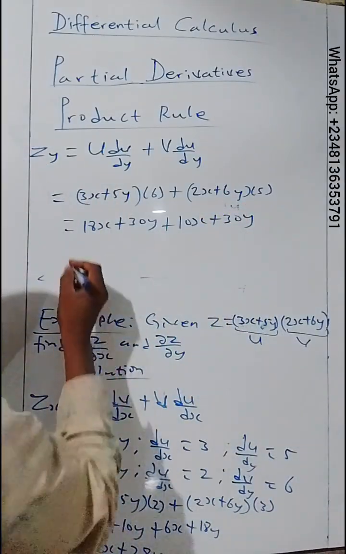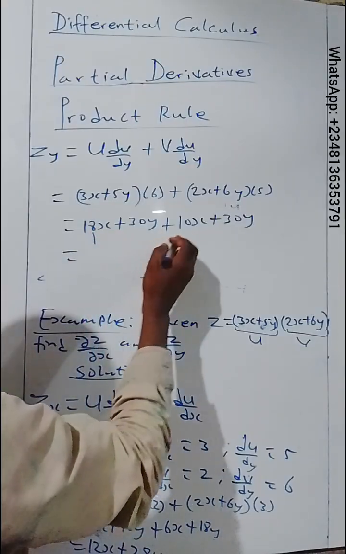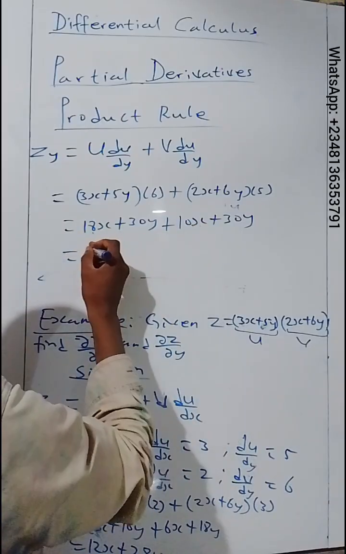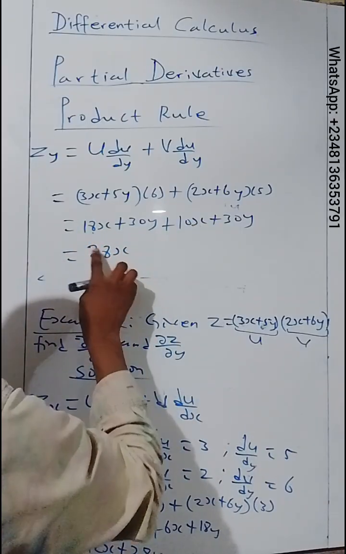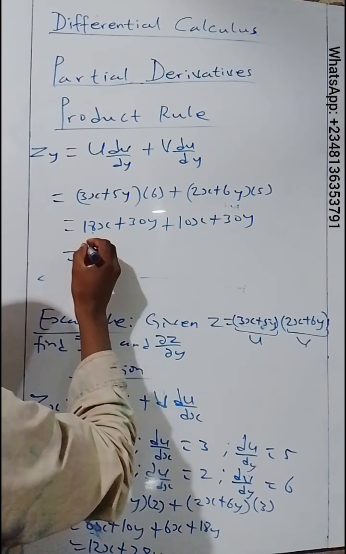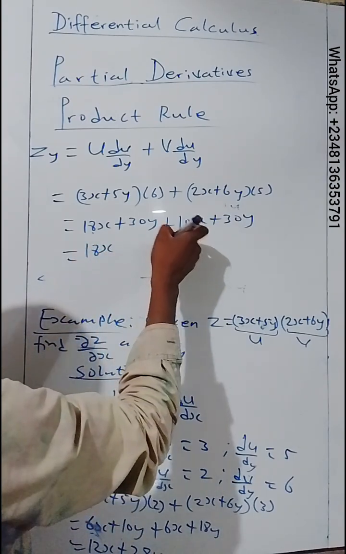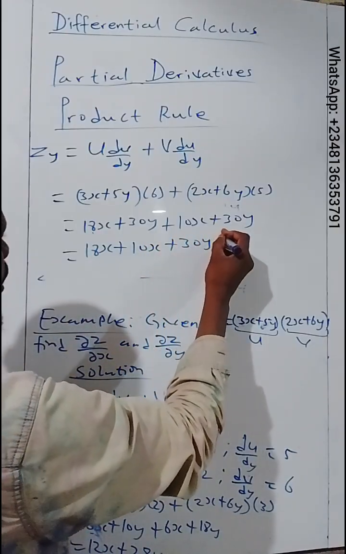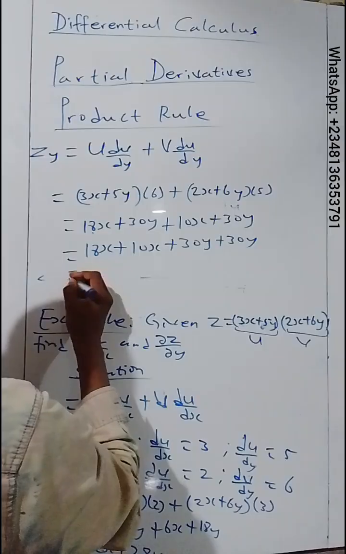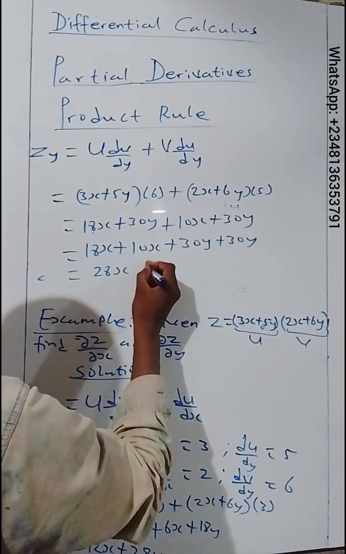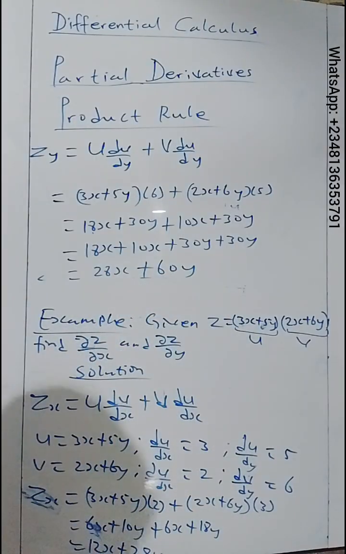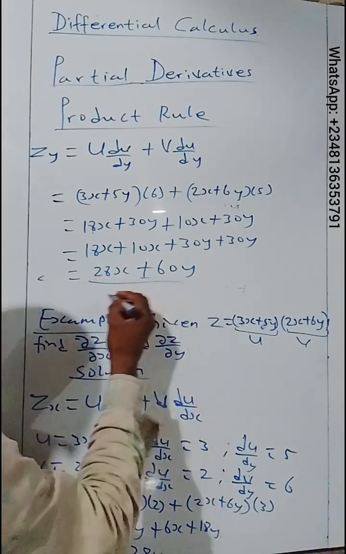So we can collect the like terms. 18x plus 10x gives 28x, and 30y plus 30y gives 60y. This is the final answer: 28x plus 60y.